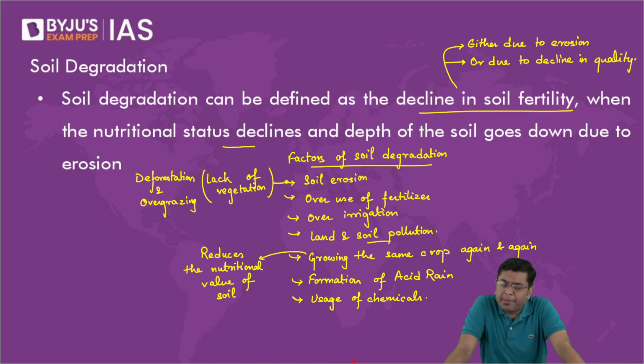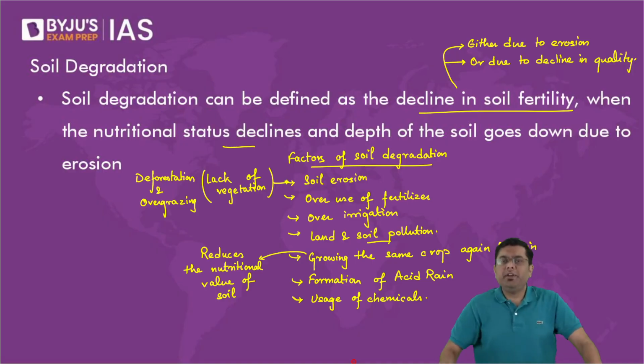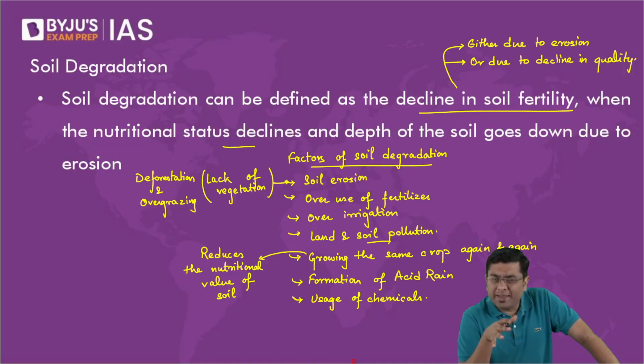You can have sub causes in each one of them, but these are the macro causes which lead to soil degradation in general. When the soil degradation happens, generally you will find that even the organic component of the soil gets damaged. The amount of organic microbes that you have, for example the different types of worms, their population reduces quite substantially. So that is what you find as the factor.